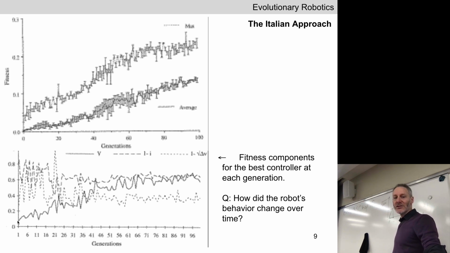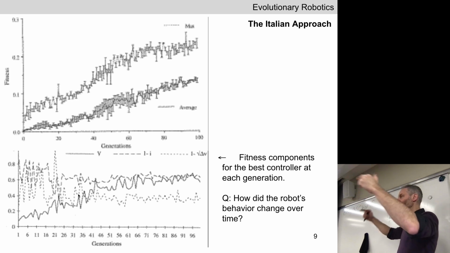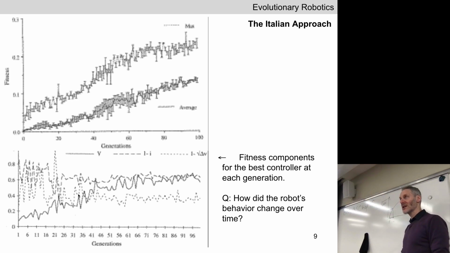So we can see that the solid line started near 0, which means that even for the best individual in the population, the wheels were turning just a tiny little bit, very, very low angular velocity. Over evolutionary time, the evolutionary algorithm started to discover sets of synaptic weights that caused the wheels to turn faster.